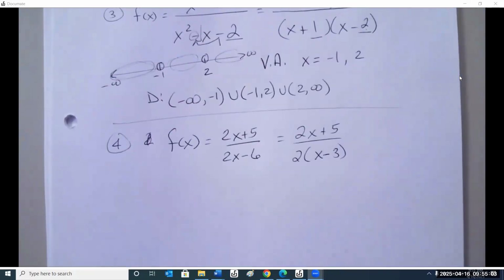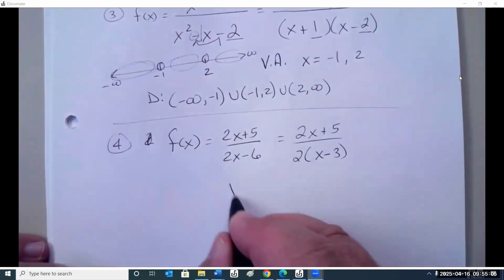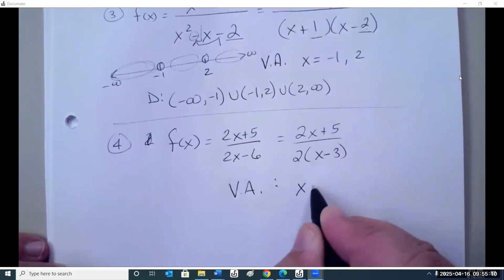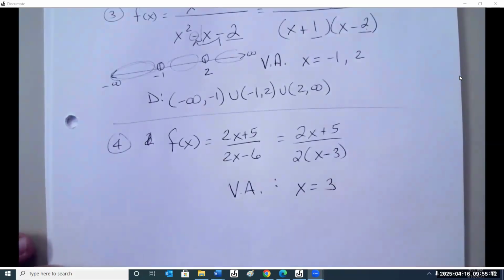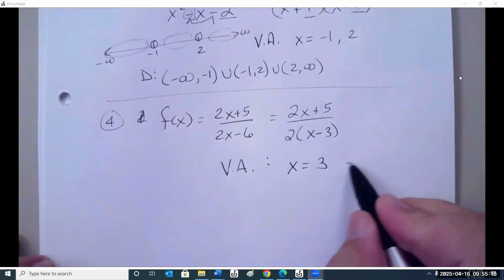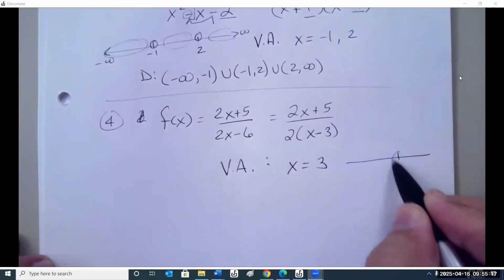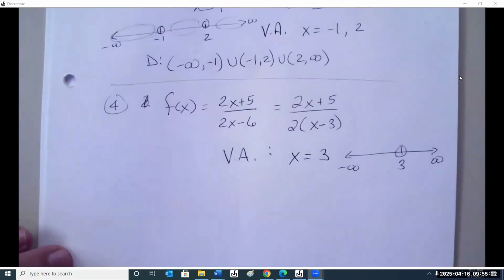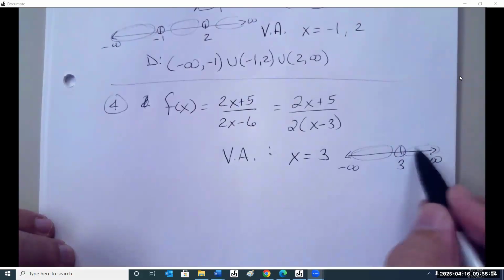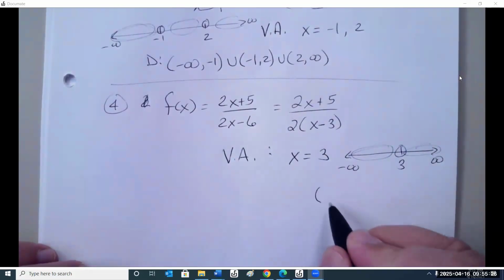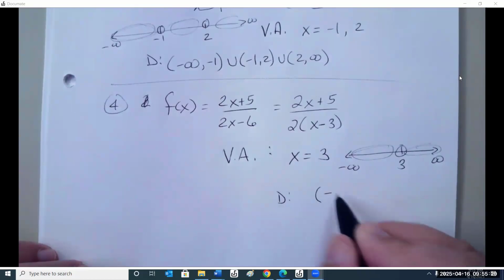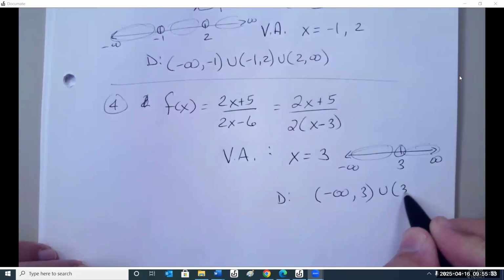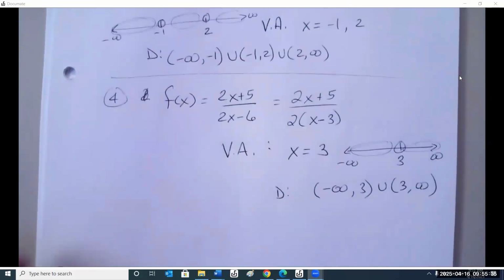Since we can't cancel anything, we can't reduce anything, what's our vertical asymptote? Right. So the only number we can't use is 3. So we can use these numbers and these numbers. Our domain then is negative infinity to 3, 3 to positive infinity.